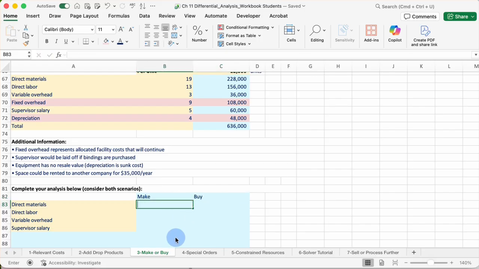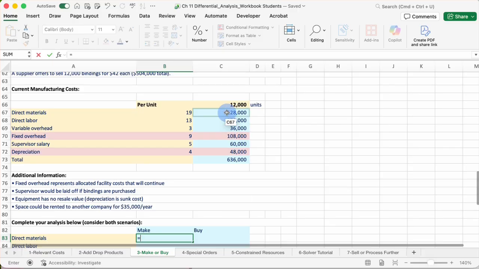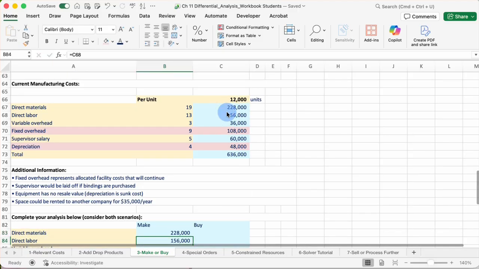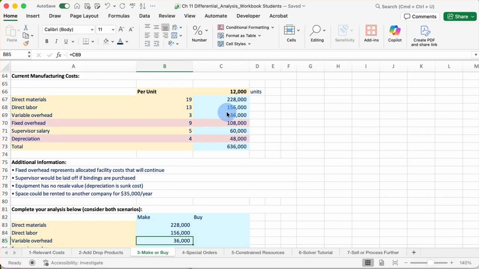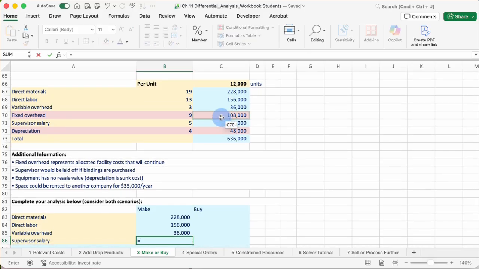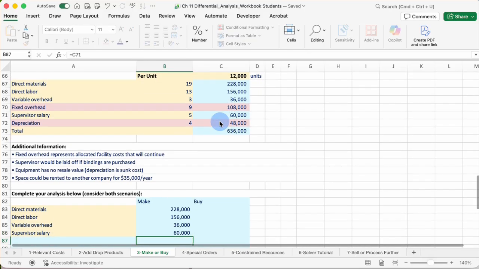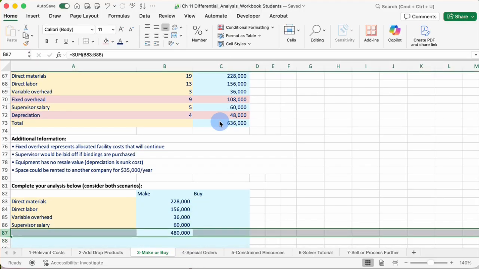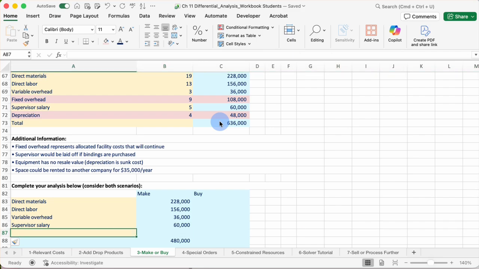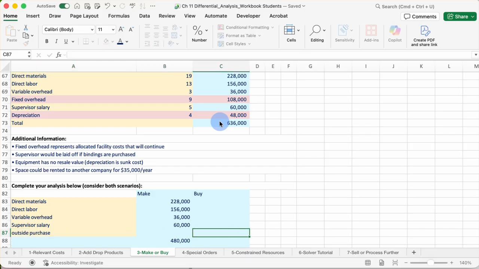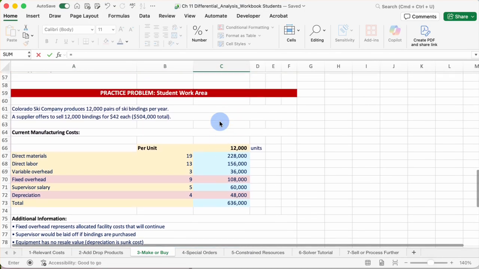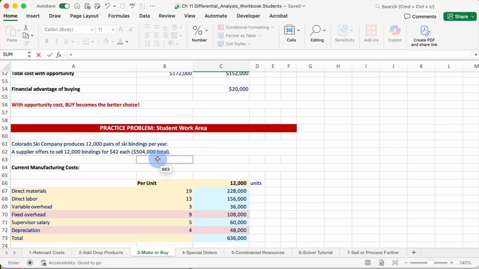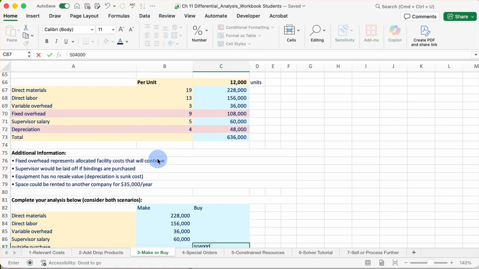So if we continue to make them, we will have the cost associated with direct materials, with direct labor, variable overhead, and also the supervisor's salary that we will continue to face. And I just did a sum function to show that. I'm going to move it down one because we also need space to look at the cost of purchasing, which was not somewhere we can cell reference, so I'm just going to type 504,000.